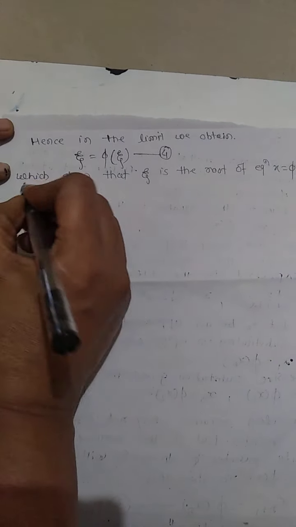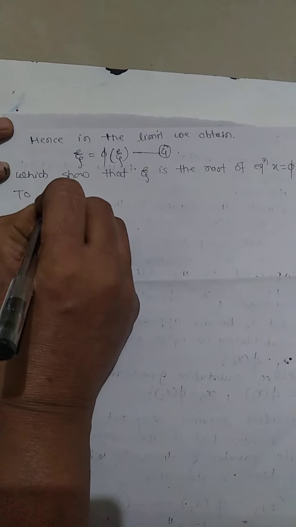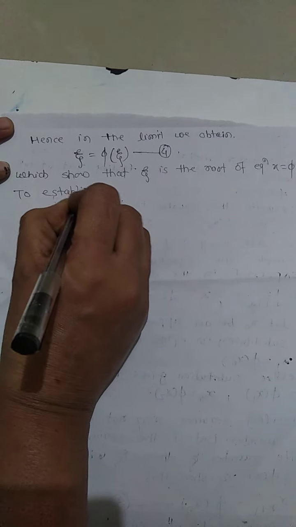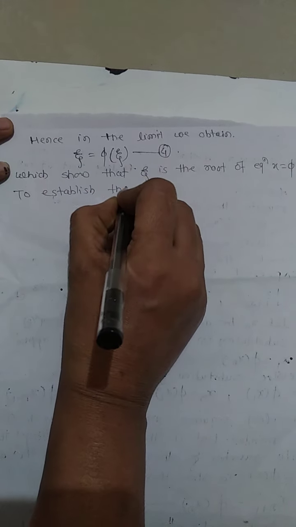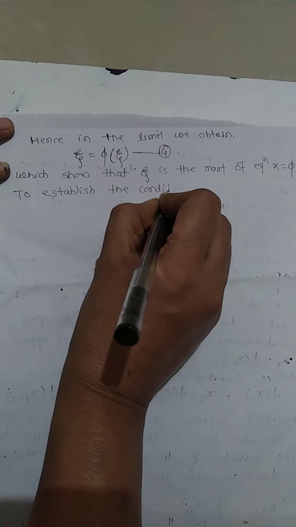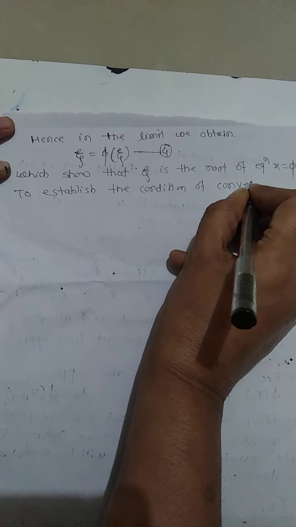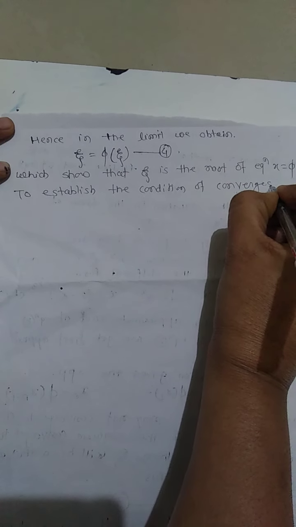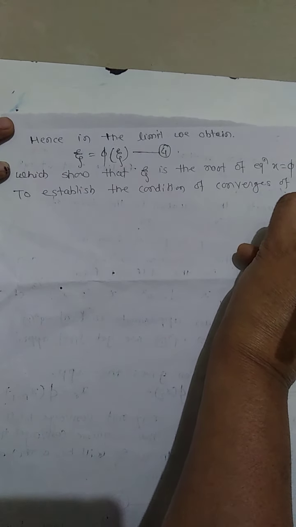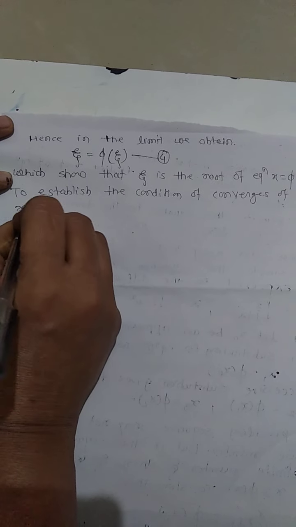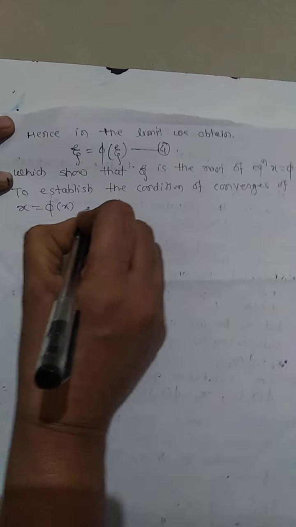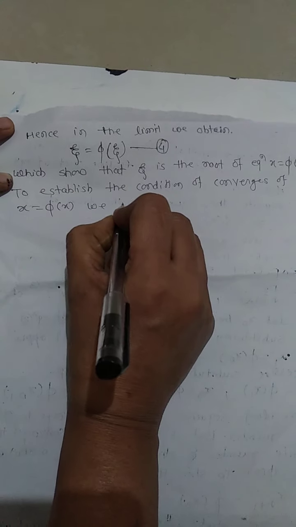To establish the condition of convergence of the equation x is equal to phi of x, we proceed as follows.